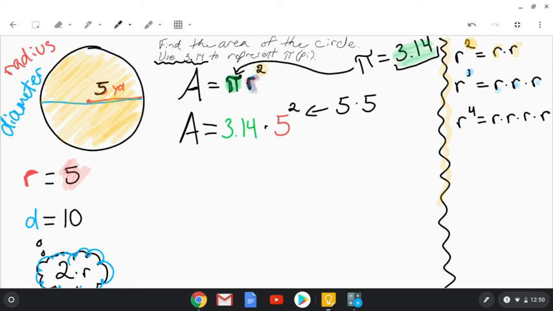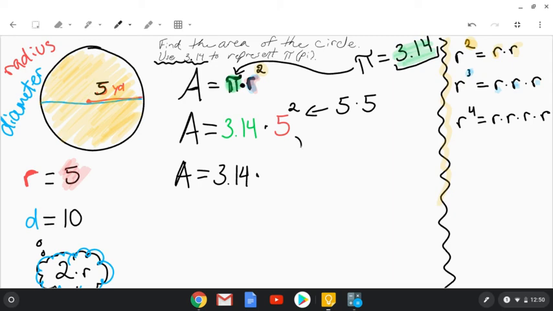So now that I know this, a couple of things that I can do. So 3.14 stays the same. Multiplication is happening because I know that at the very beginning, pi and r were squished together. That means there's imaginary multiplication happening between them. So 3.14 times, I can do 5 times 5 in my head.